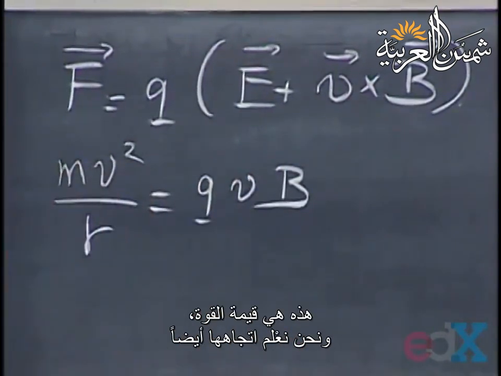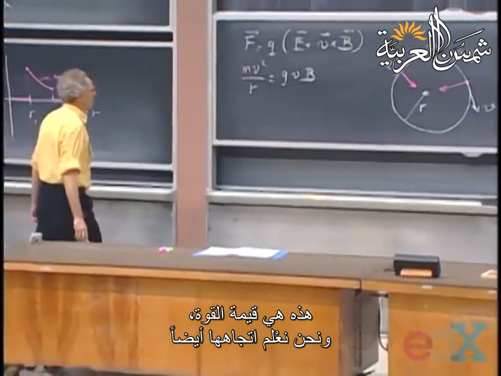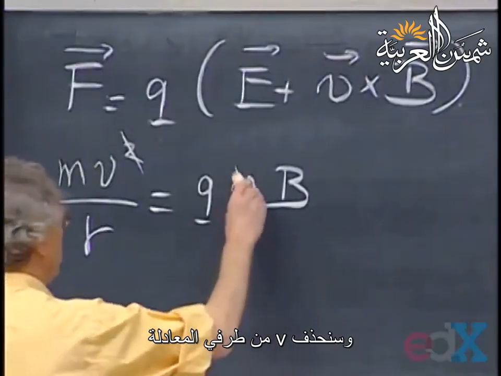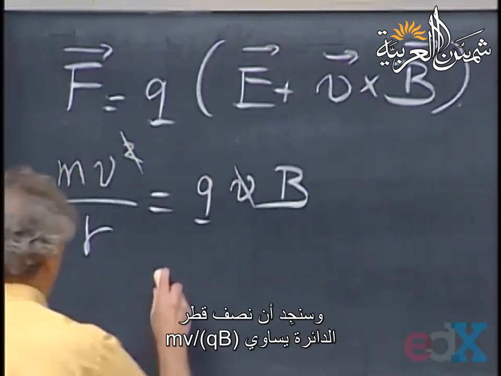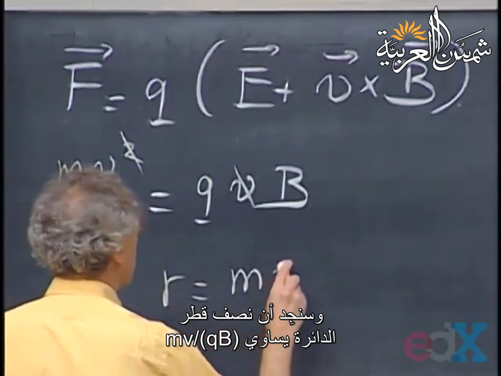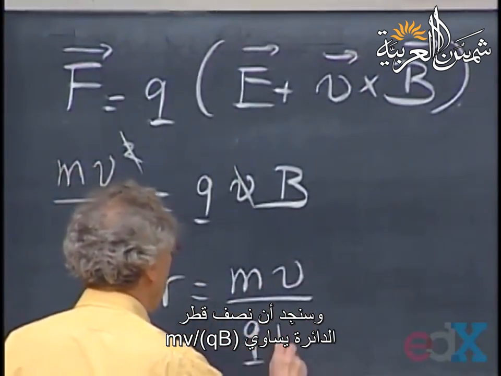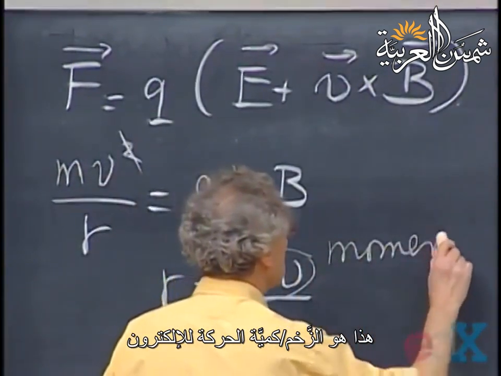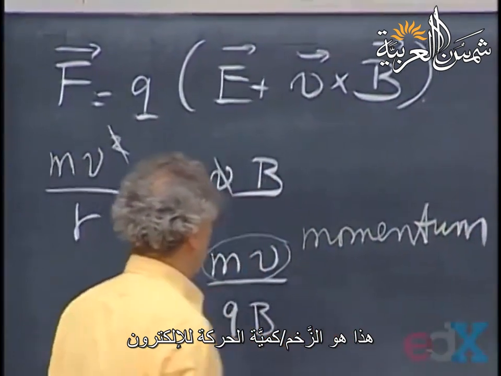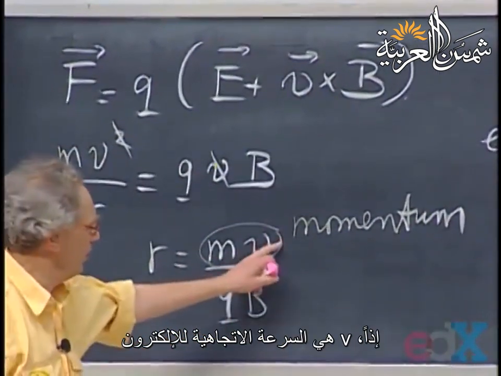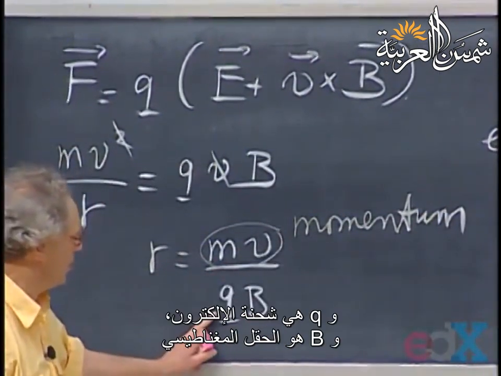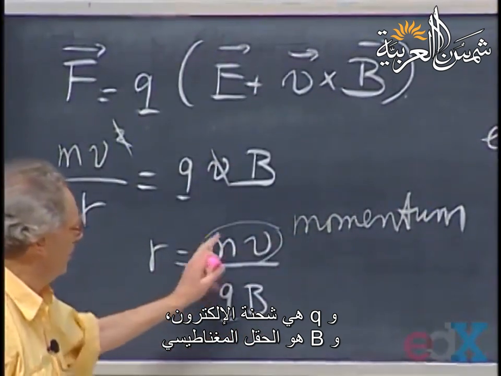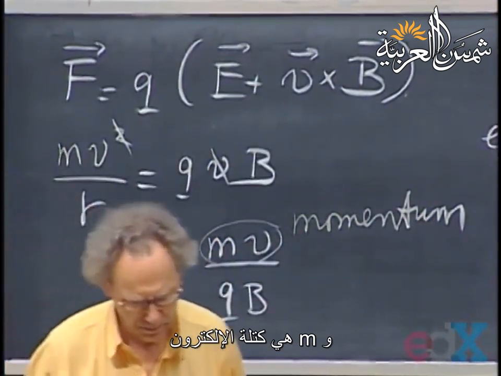This is the magnitude of the force, we already know the direction. And so one v goes, and so I get that the radius of that circle is mv divided by qB. This being the momentum of the electron. So v is the velocity of the electron, the speed, q is the charge, B is the magnetic field, m is the mass of the electron.